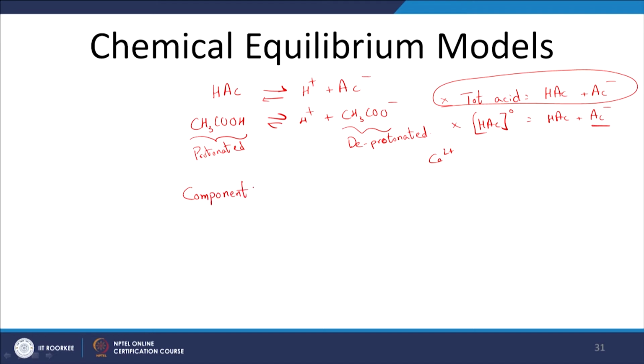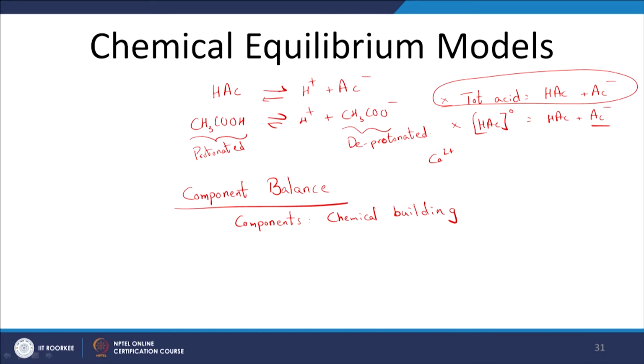This is something we will be discussing throughout the class, a component balance. So we are going to introduce a new concept here. We are going to define components, and they are nothing but chemical building blocks. I will try to make it easier to explain in the next slide, but I need to give you some background.